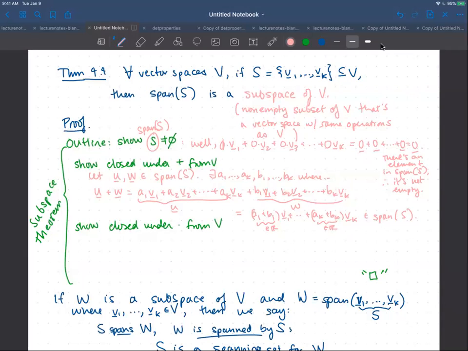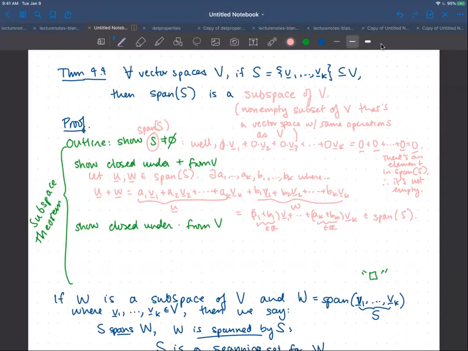So that tells me that my addition is closed. When I take sums of linear combinations of vectors that I built from S, then I get a new linear combination of those vectors where I just combine like terms essentially. All the coefficients for the V1s get pulled together and for the V2s get pulled together.